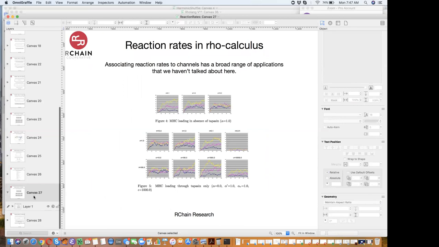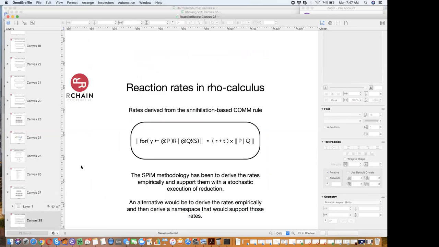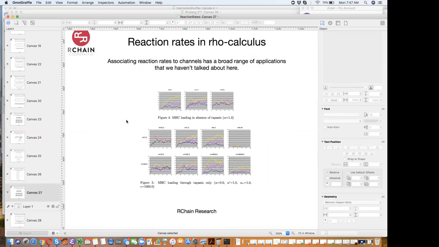The methodology here is that you derive the rates empirically from lab data on a particular set of chemical equations, and then you use those rates and associate the rates with the channels in your pi calculus model or your process calculus model.